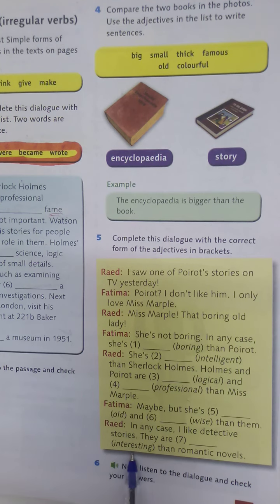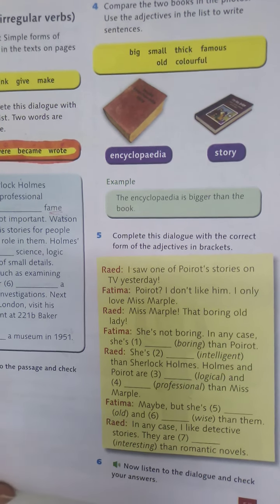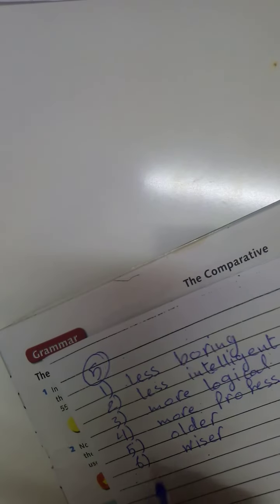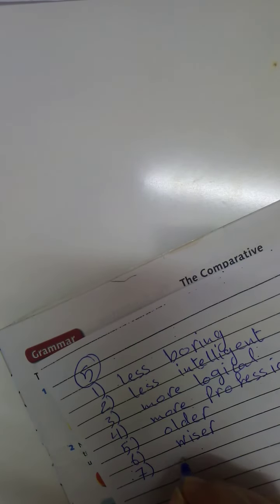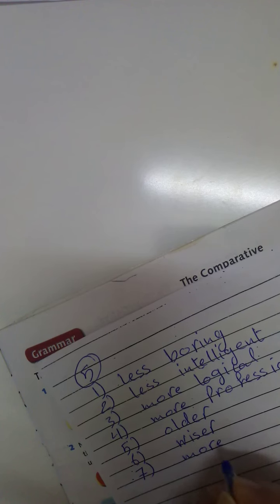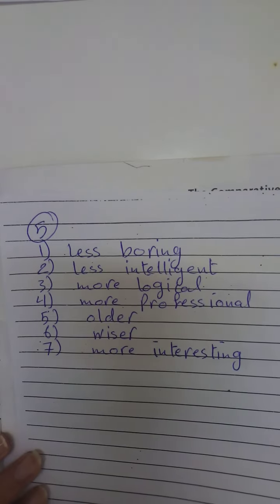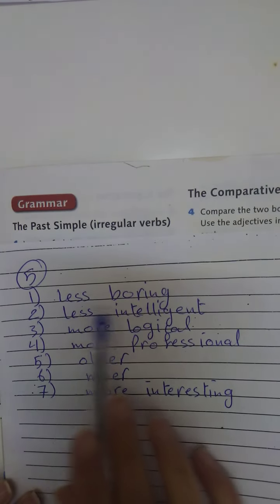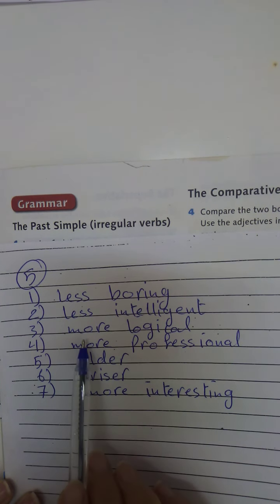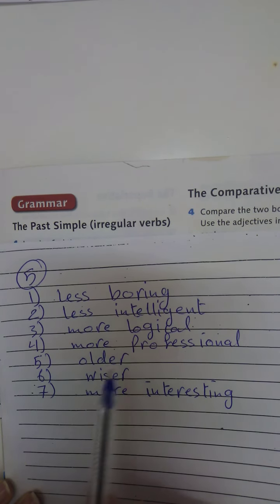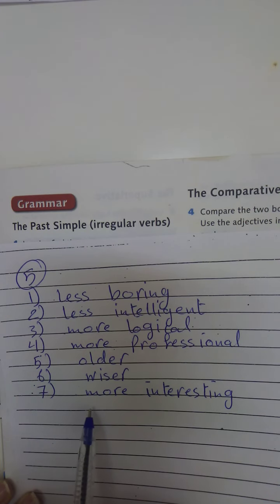From Ra'ed's point of view, they are more interesting, because romantic novels may be a little bit boring. So: less boring, less intelligent, more logical, more professional, older, wiser, and more interesting.